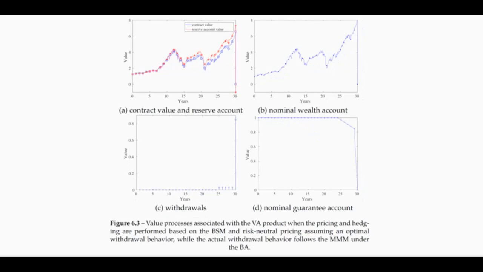As you can see, following this scenario, the contract value of the policyholder's contract follows these patterns, and eventually after the last withdrawal becomes zero, whereas the reserve account value after the last withdrawal drops down to negative, which means the insurance company actually made a loss under this situation.